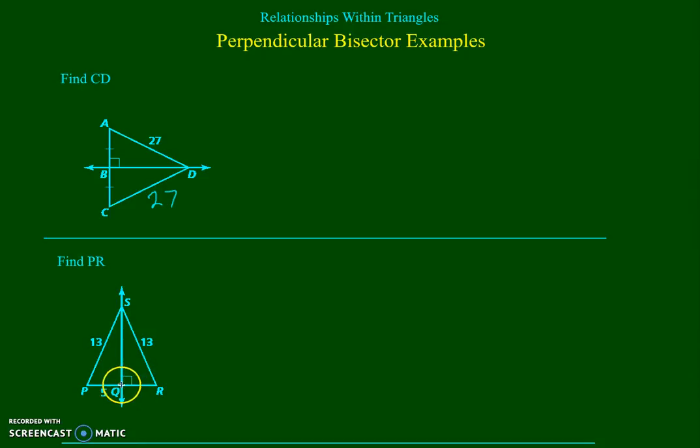Therefore, any point on this perpendicular bisector has to be equidistant from the endpoints. Since PQ is 5, QR must be 5, and that makes PR equal to 10.